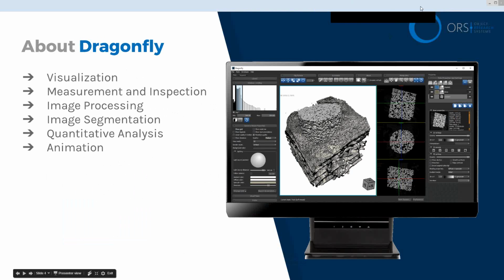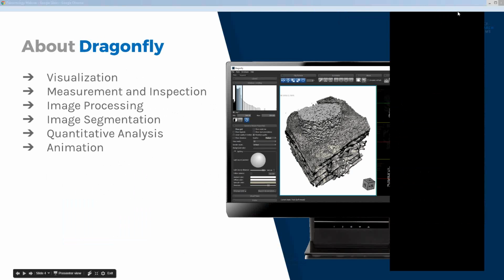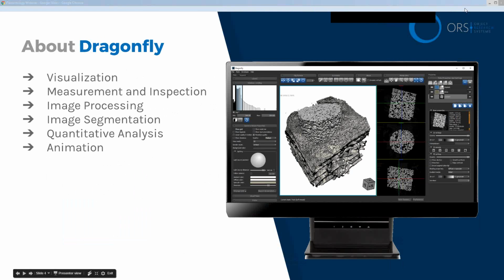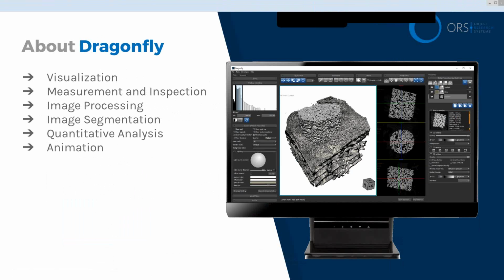Dragonfly basically serves the needs of academic research scientists and production engineers: a platform for 3D visualization, for performing measurements and inspection, and for image processing, whether that's smoothing or denoising images, enhancing edges, or adjusting the contrast, usually to advance the goal of image segmentation.